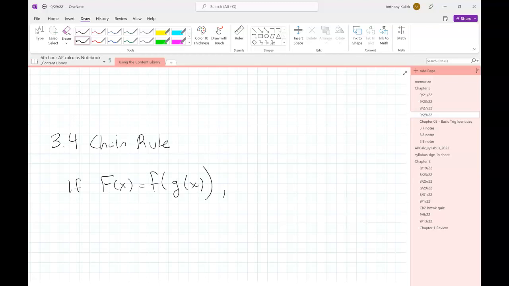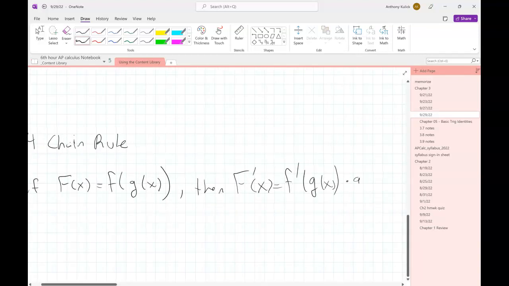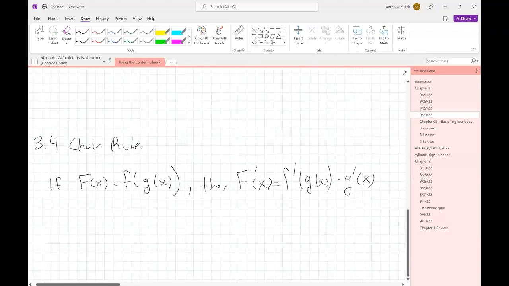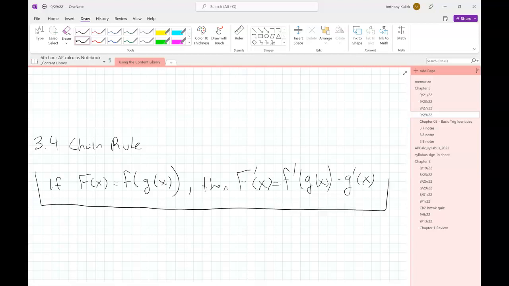So let's say I have a composite function, which I'll call cap F. If cap F is equal to f of g of x, then the derivative of cap F is the derivative of the outside function, where the inside function stays the same, times the derivative of the inside function. That is our rule for the derivative of a composite function. That's our chain rule.